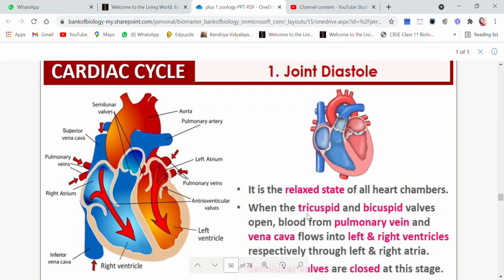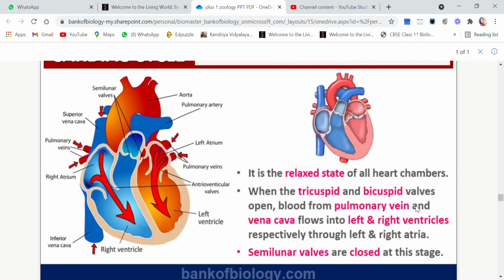When the tricuspid and bicuspid valves are open, blood from the pulmonary vein and vena cava flows into the left and right ventricles respectively through the left and right atria. Children, to explain this second point, you have to pay attention here.